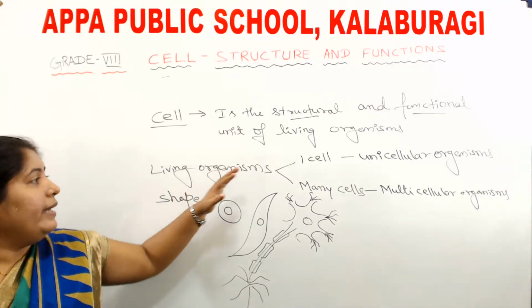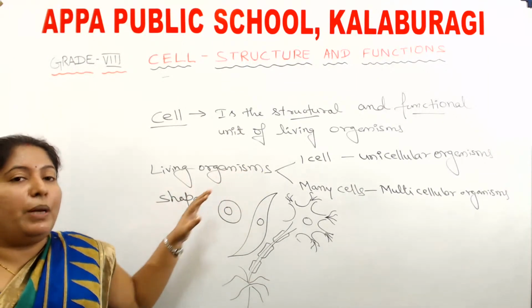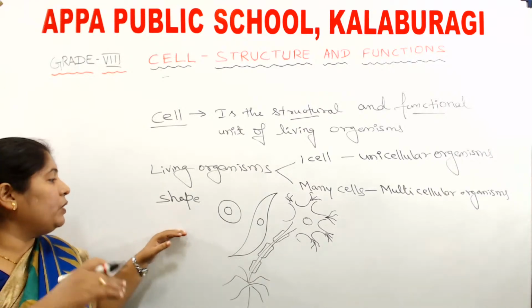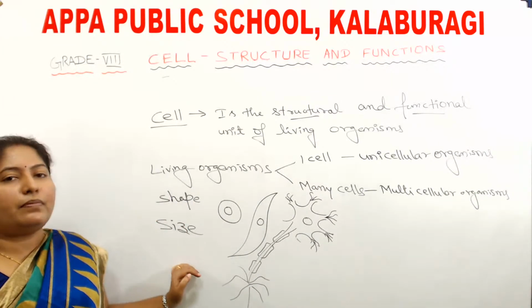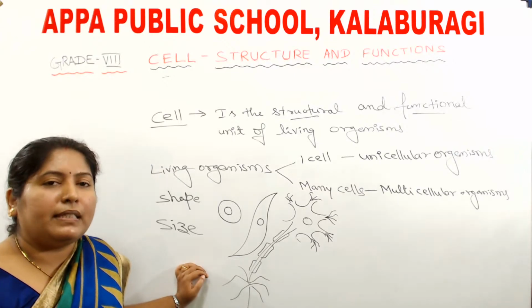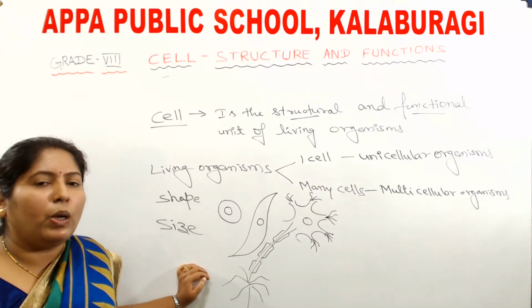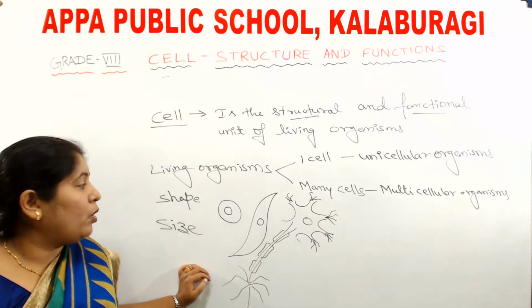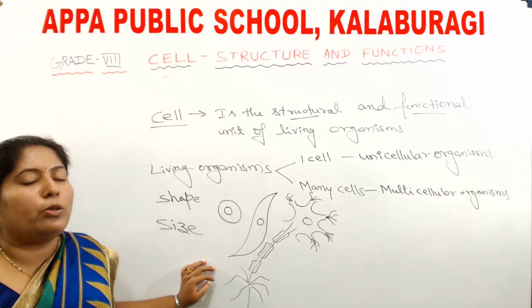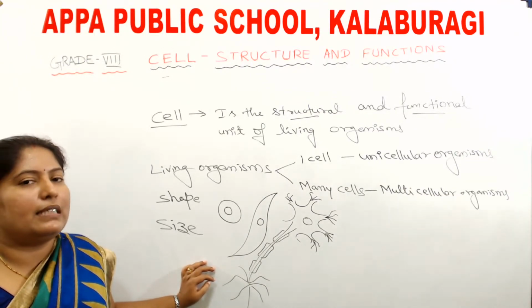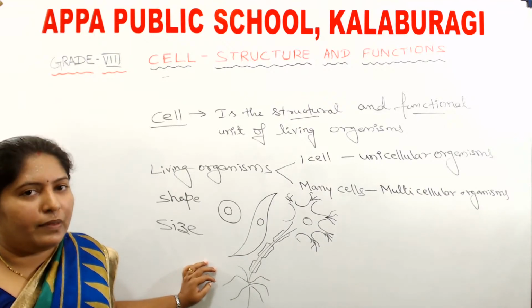right? So the number of the cell may be different, the shape of the cell may be different, and coming to the next part, that is the size of the cell. Whether the size of the cell is similar in all the organisms, or all the cells are having the same size, that is also not constant. We cannot say that all the cells are having the same size. No, right?